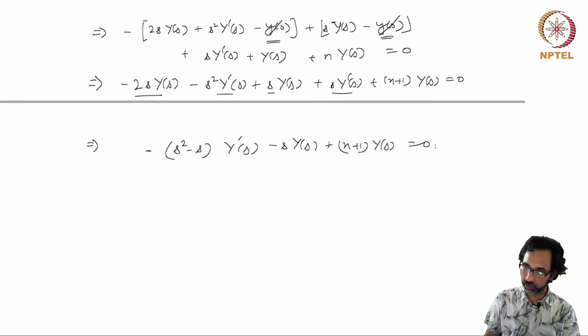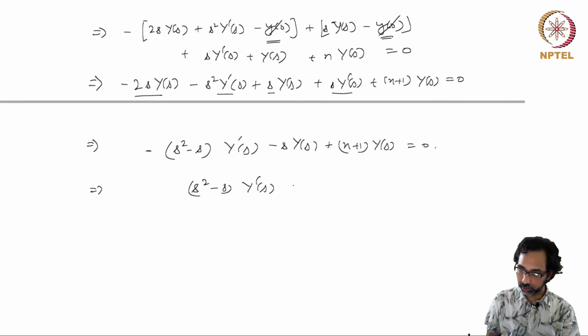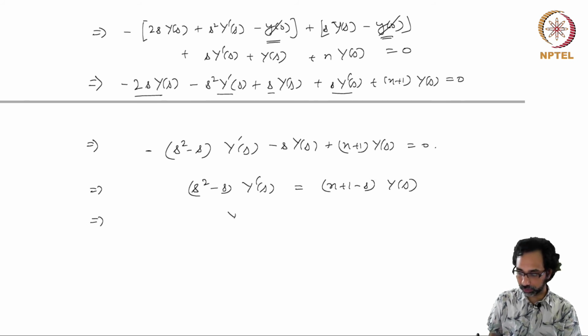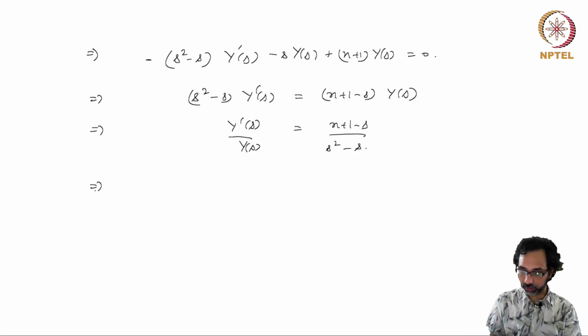This is equal to 0. This implies that (s square minus s) Y prime(s) is equal to (n plus 1 minus s) of Y(s), and so the differential equation is Y prime(s) over Y(s) is equal to (n plus 1 minus s) over (s square minus s). So now we can try to solve this equation explicitly for Y(s).